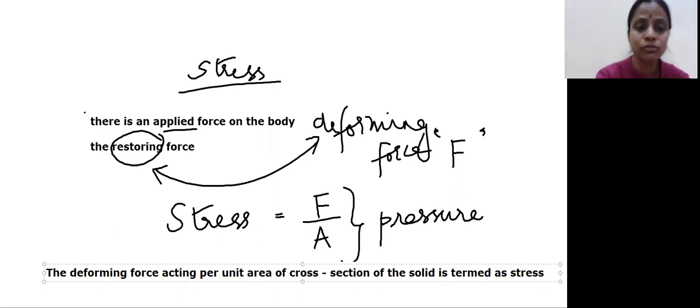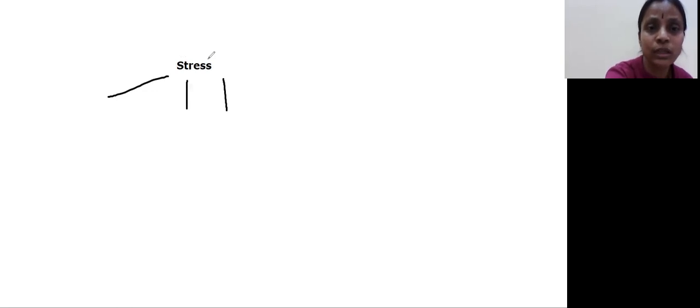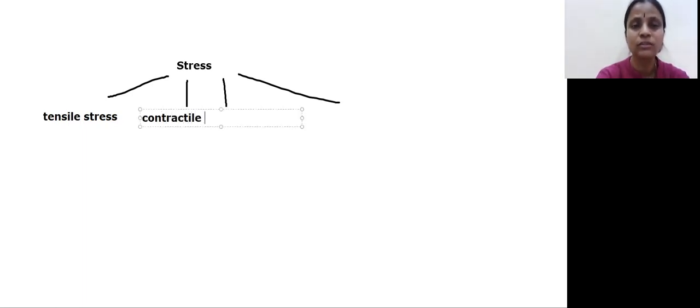Now, our next objective is to describe the different types of stress. I'm going to put up 4 different types of stress. The first one, I'm going to call tensile stress. The next one is compressive stress.